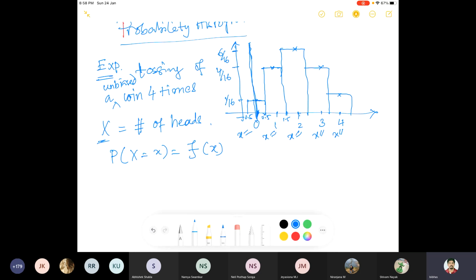Corresponding to 0, it is 1 by 16. Corresponding to 1, it is 4 by 16, and so on. But we'll consider a spread around these values of x, and the spread has length 1. So it is an interval of length 1. Basically what we're doing is drawing some kind of rectangle.